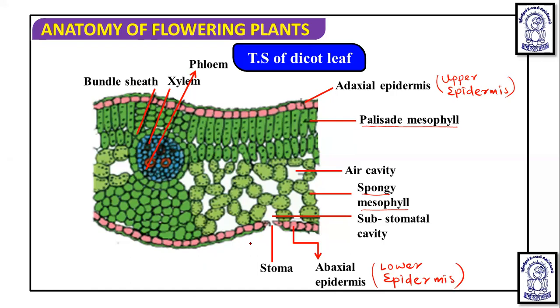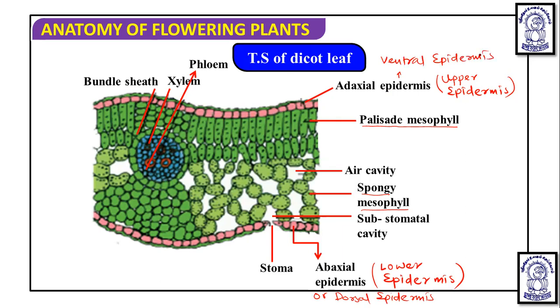Remember, the abaxial epidermis is also known as the dorsal epidermis because it is present on the dorsal surface, whereas the adaxial epidermis is also known as the ventral epidermis because it is present on the ventral surface.